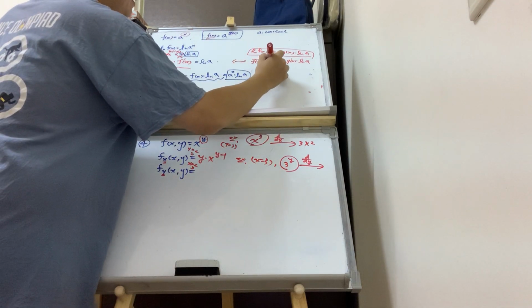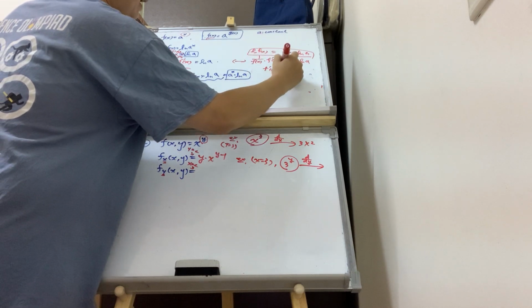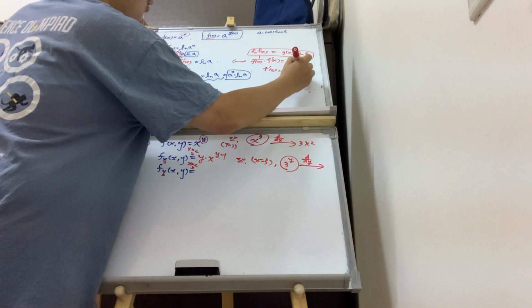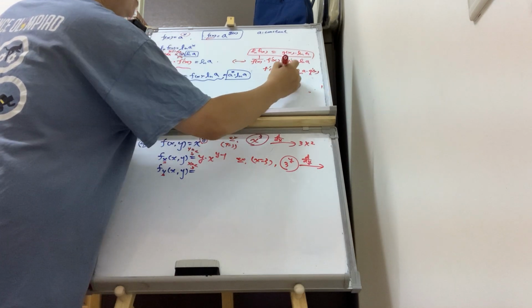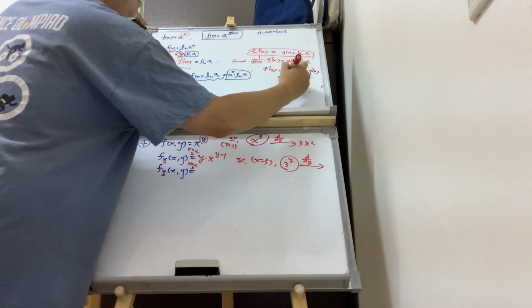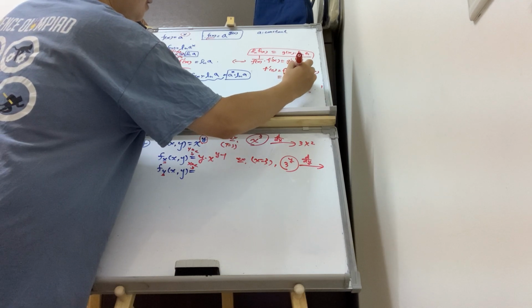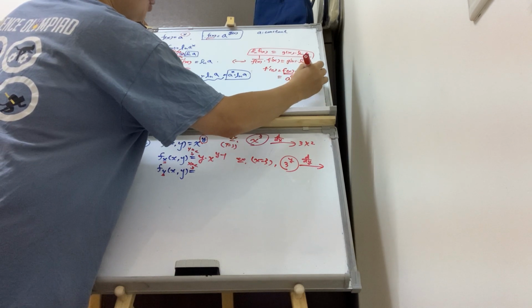Sorry, f prime x is exactly f of x times natural log a times g prime x. And f of x is exactly the original term.